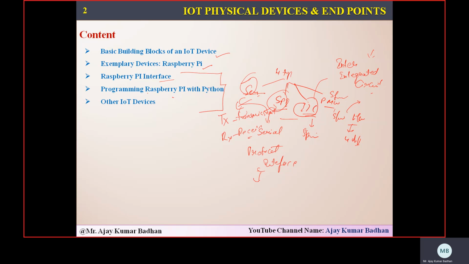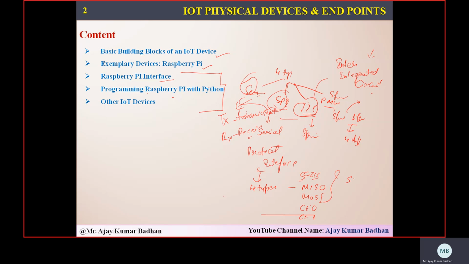And in SPI we again have different types of pins that were already discussed in the previous session. We are just going to revise this. So we have MISO, then we have MOSI, then we have CE0, CE1. Apart from that, it also has something called the serial clock, CLK.